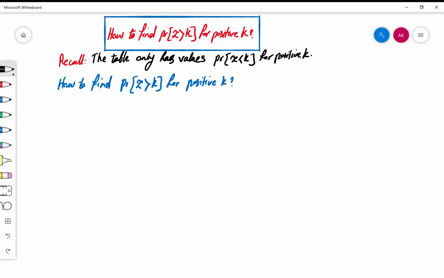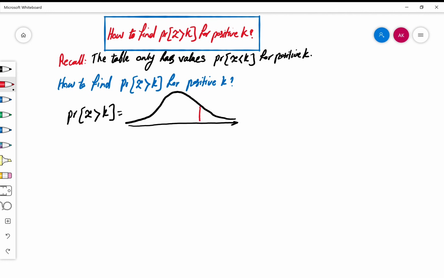we start with the point that the probability of Z bigger than k is, well, you remember that this PDF of Z has this bell shape, and bigger than k, if k is here, means the area of this region.